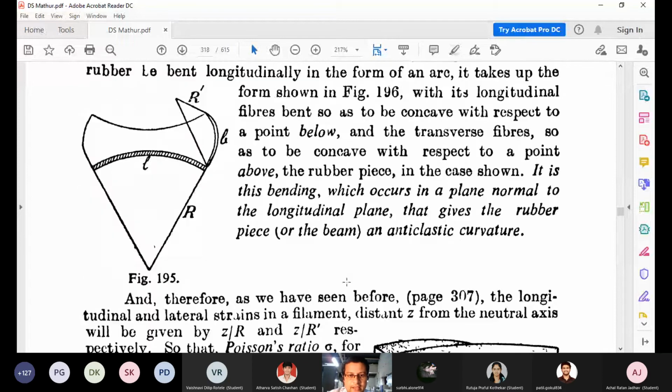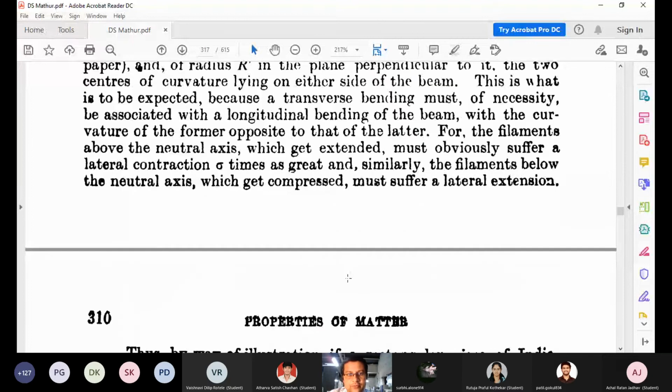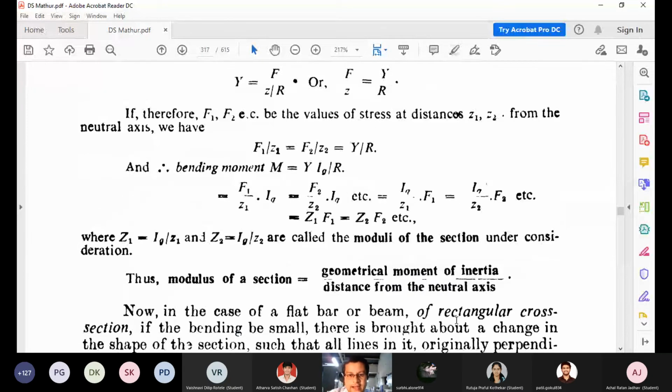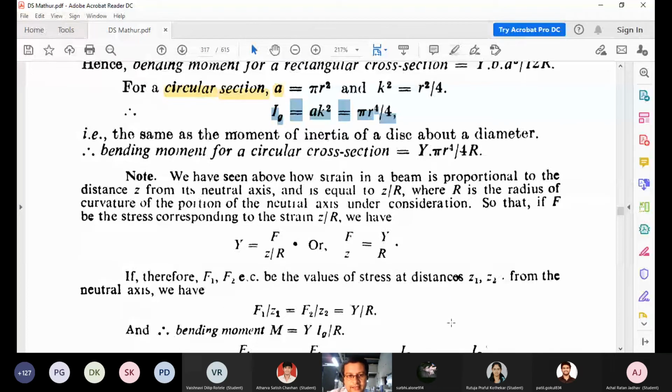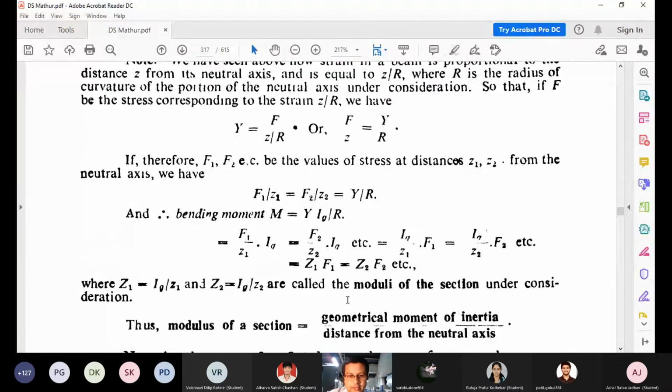So can we define here the bending moment? What is the expression for the bending moment that we define here? The bending moment we define as M equals Y I g by R, which is proportional to the Young's modulus, proportional to the moment of inertia, and inversely proportional to the radius of curvature.